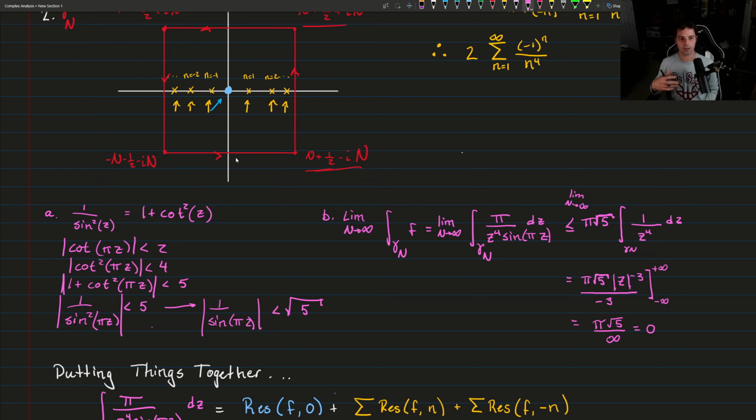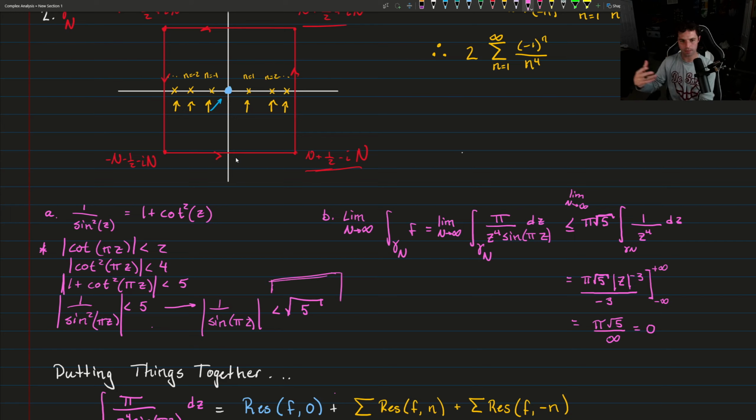In another exercise that I think Jacob did, it says that the absolute value of cotangent of pi z is less than 2. If we square that, it's less than 4. Add 1 to that, and 1 plus cotangent squared is less than 5. So therefore 1 over sine squared is less than 5, and 1 over sine is less than the square root of 5. That bounds our function, which is going to help us in taking this overall integral.